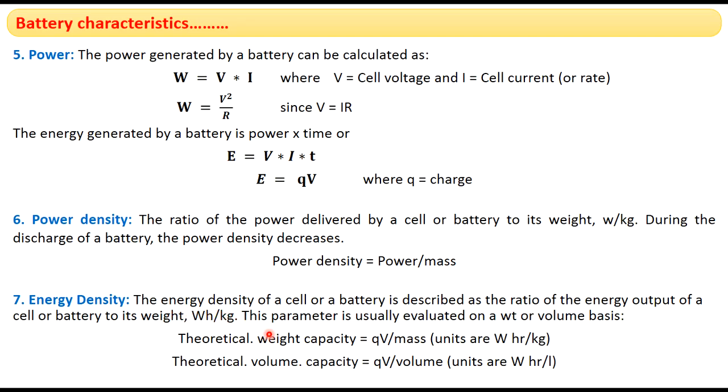And so we can write theoretical weight capacity is equal to QV by mass. The units are here watt hours per kg. And similarly, theoretical volume capacity is equal to QV by volume, that is the units are watt hours per liter.